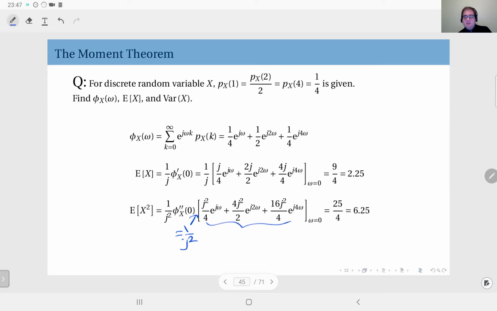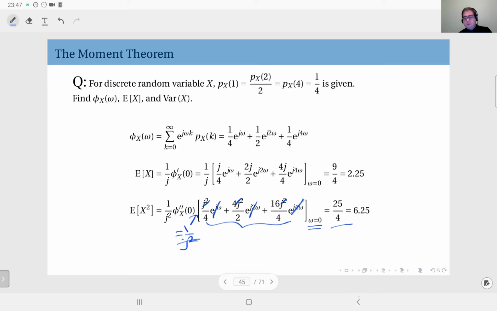Inside here, we have the second derivative of the characteristic function evaluated at omega equals 0. Again, these terms will all be ones, and the j squares will be canceled out with this term here. So arrange the terms, add them up, and you get 25/4, 6.25, exactly the value we computed earlier.